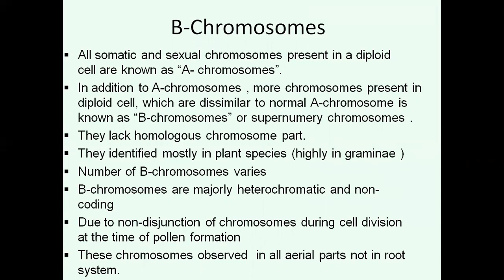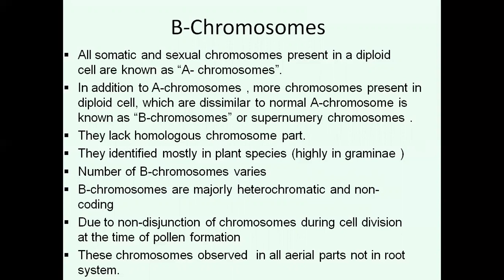How do B chromosomes arise in diploid cells? During meiosis, non-disjunction of chromosomes, that is, unequal division of the chromosomes in anaphase, occurs: one gamete receives n-1 chromosomes, another gamete receives n+1 chromosomes.